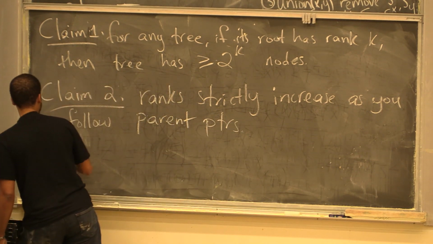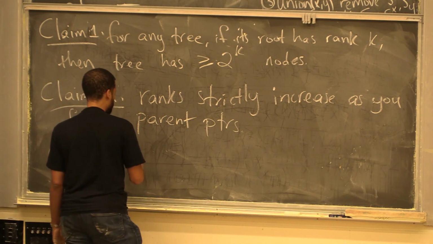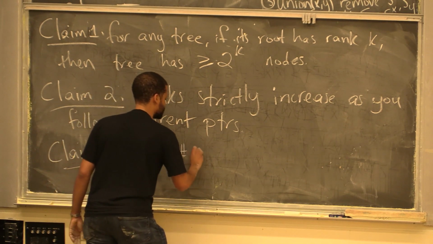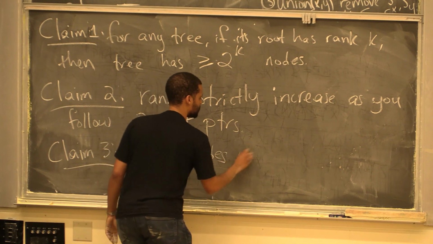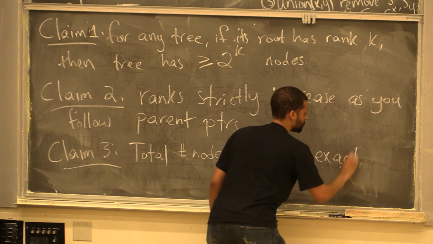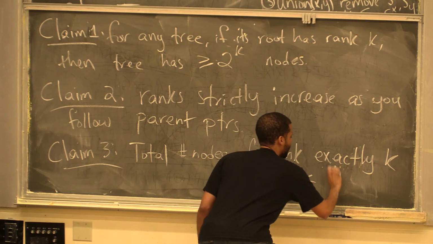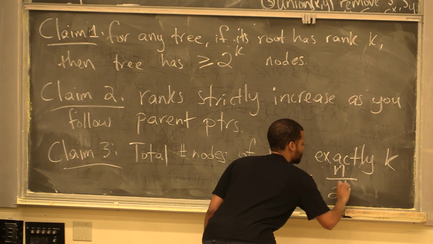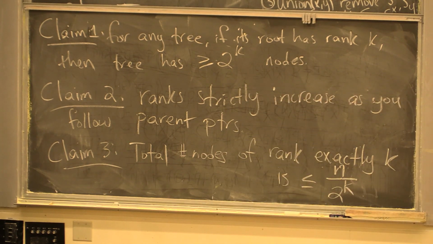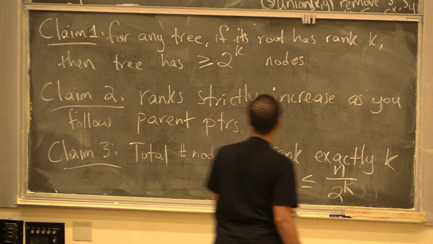And claim 3 is that the total number across the entire data structure, the total number of nodes, not just roots, but all nodes, of rank exactly k is at most n divided by 2 to the k. Okay? So these are 3 observations about the state of this data structure at any point in time.